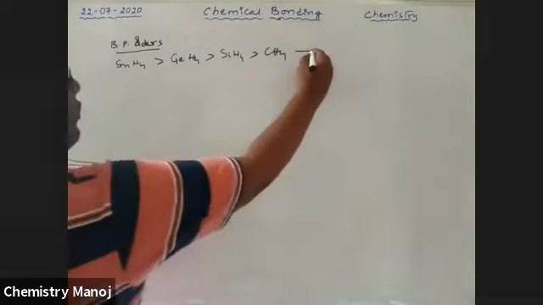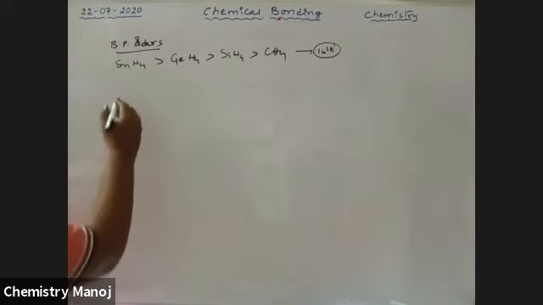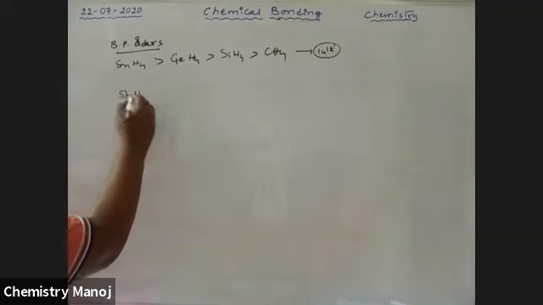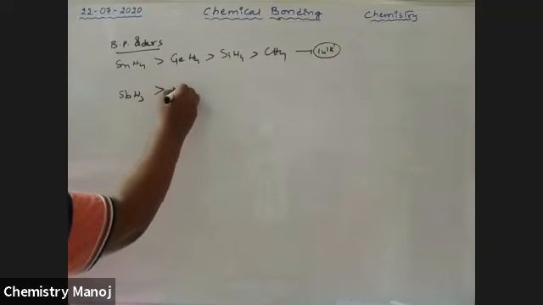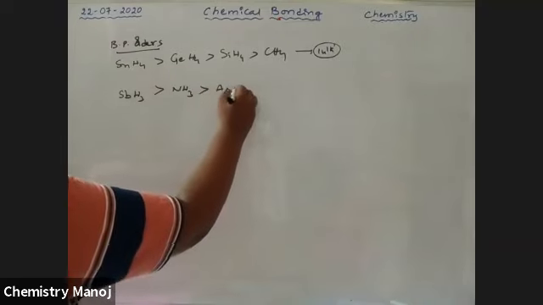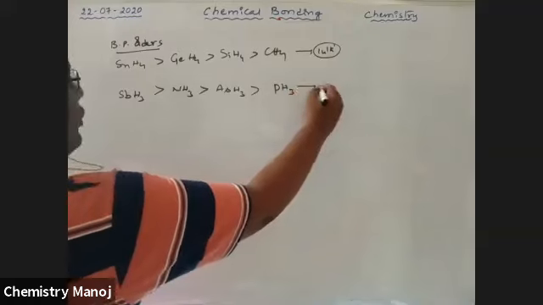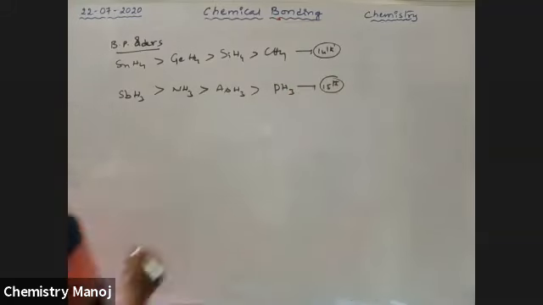It is for 14th group elements. Next, for 15th group elements, SbH3 greater than NH3 greater than AsH3 greater than PH3. Please keep in mind, it is the 15th group hydrides.